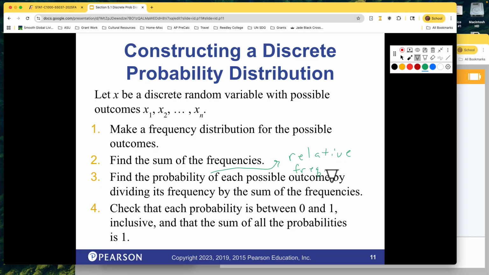So that's what we did before. We're now calling it a probability. And you're guaranteed it's always going to be between 0 and 1 for each individual, and the sum will always be 1. Sometimes you might get a little bit of rounding, so you might only end up with 99.99 because of some rounding in there, but effectively everything will be 100%. Okay.